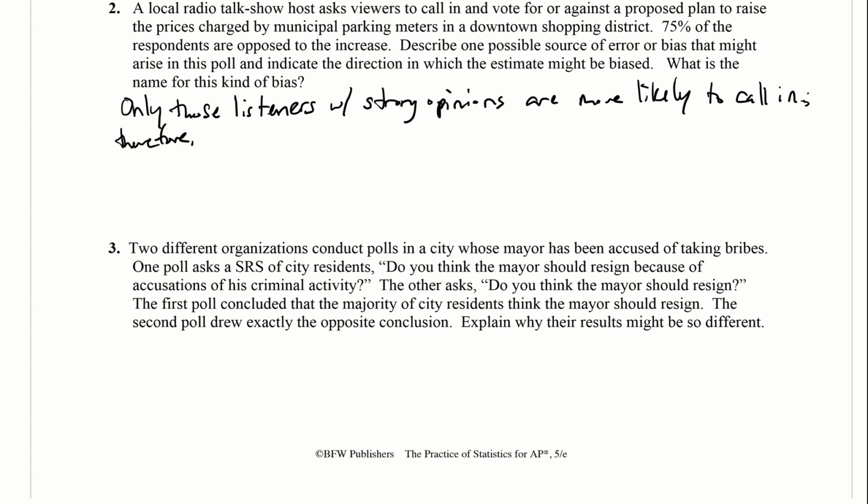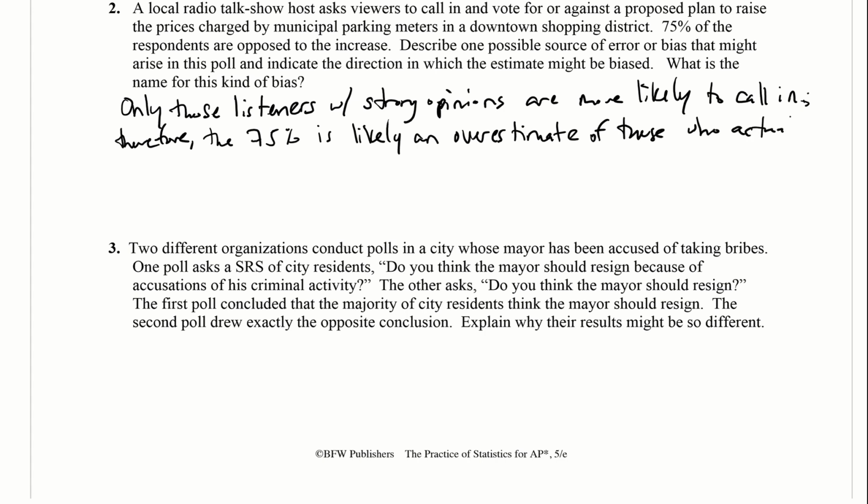Therefore, the 75% is likely an overestimate of those who actually are opposed to the increase. Okay, and then this poll, what is the name for this kind of bias?